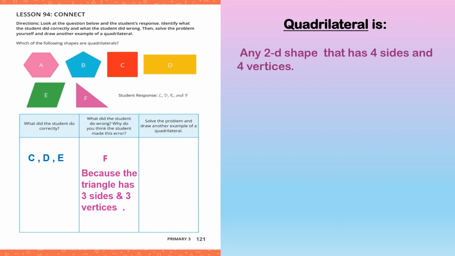So the correct answer will be C, D, and E. And I will draw another example of a quadrilateral, so I can draw any shape with 4 sides and 4 vertices, like this, which is called a trapezium or trapezoid.